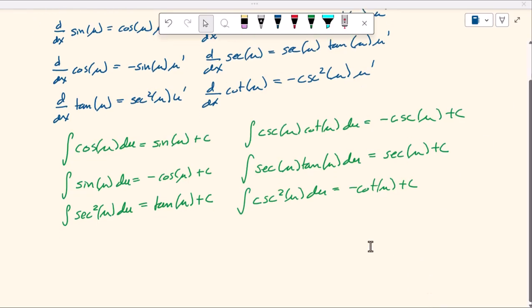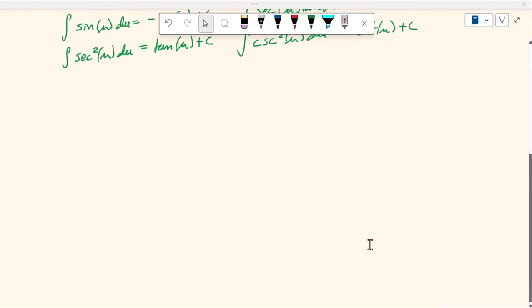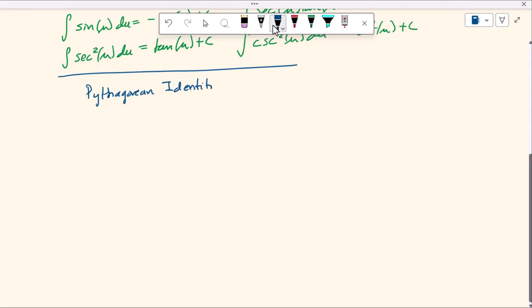There's a few trig identities that are helpful to know. I wouldn't expect that you'd have trig identities all memorized, but some that I would expect that you would know are your Pythagorean identities. The Pythagorean identities are sine squared plus cosine squared equals 1. When we talk about that, we always include the angle. So sine squared of theta plus cosine squared of theta equals 1.